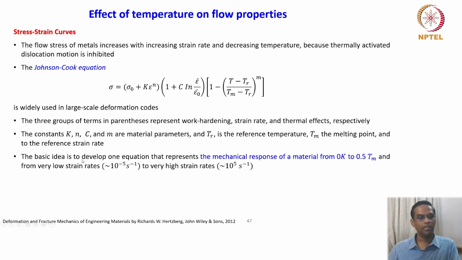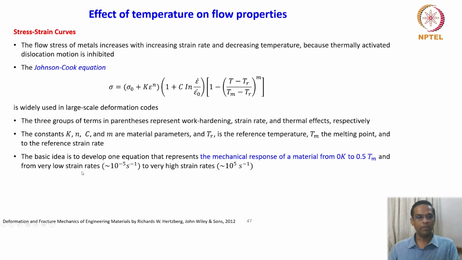The basic idea is to develop one equation that represents the mechanical response of a material from 0 Kelvin to 0.5 Tm, and from very low strain rates such as 10 to the power minus 5 per second to very high strain rates, 10 to the power 5 per second. So this equation is powerful in that sense.